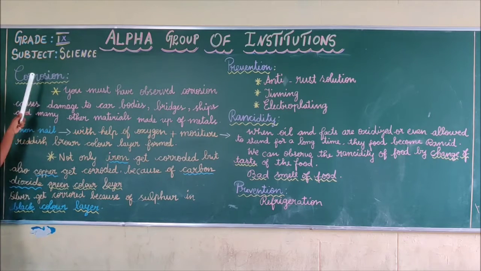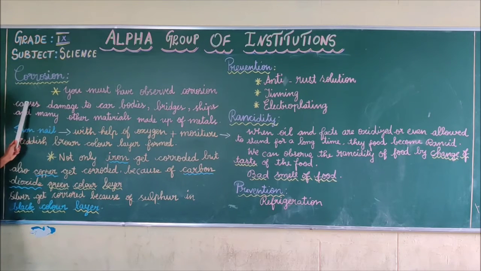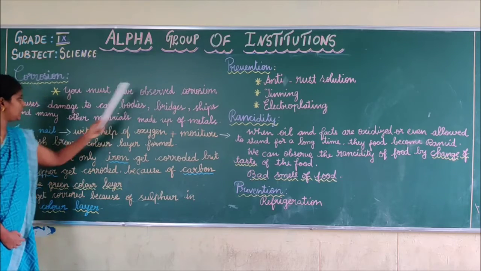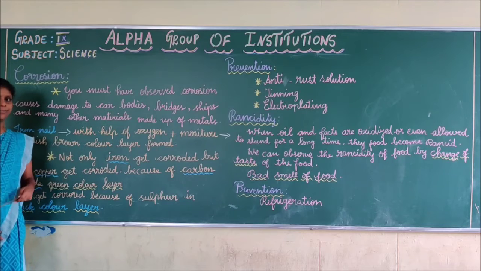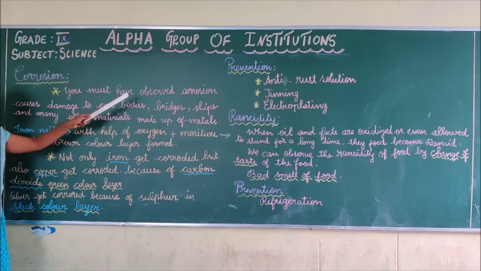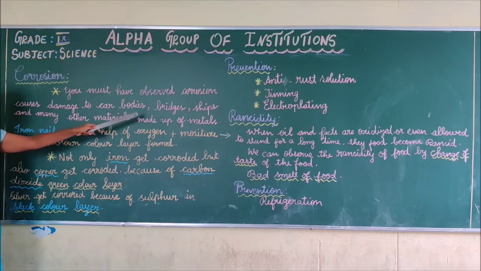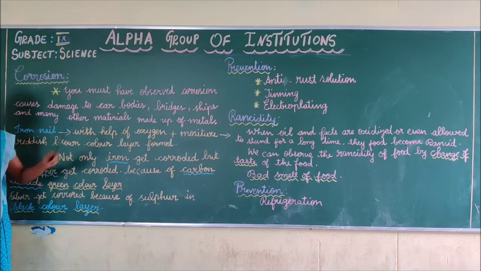You must have observed that corrosion causes damage to car bodies, bridges, ships and many other materials made of metals. Do you understand what is corrosion?